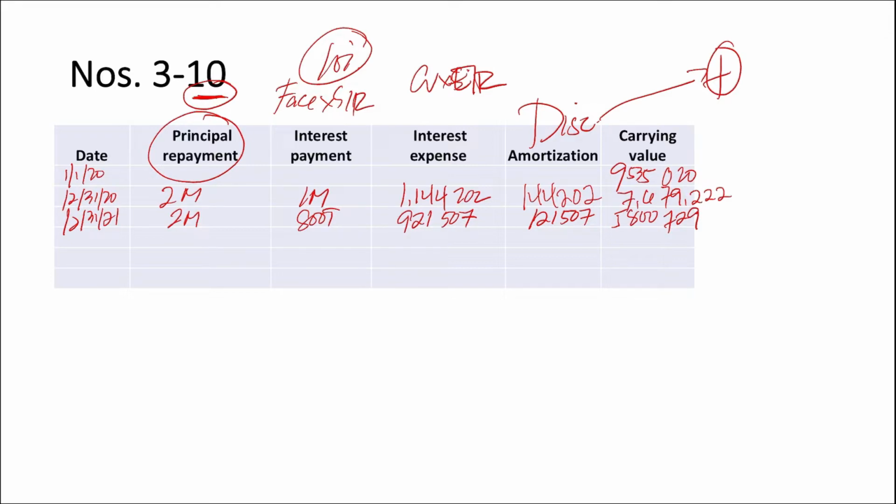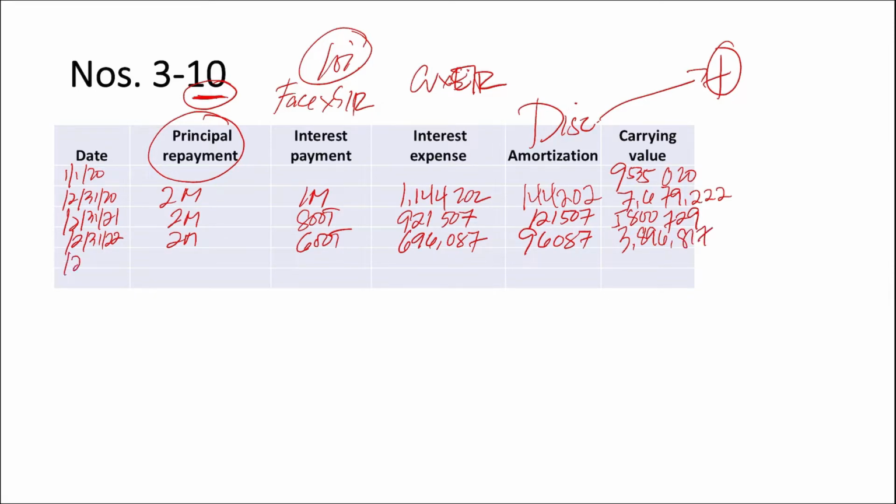Okay? Sige. Tapusin na. Kaya-kaya na guys. Okay. So, magkano lang to? 600,000. Interest expense? 696,087. Okay. Amortization is 96,087. So, magkano na lang carrying value? 3,896,817.